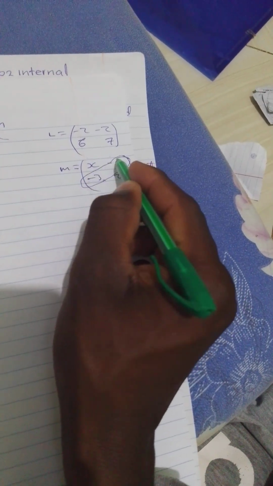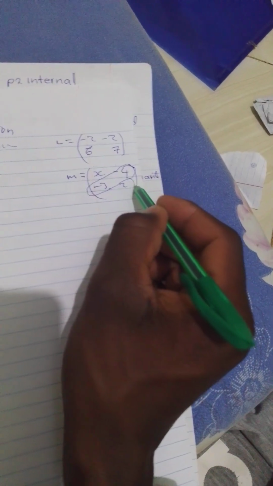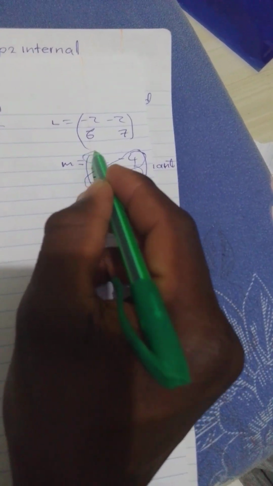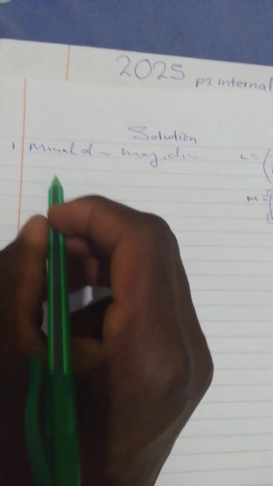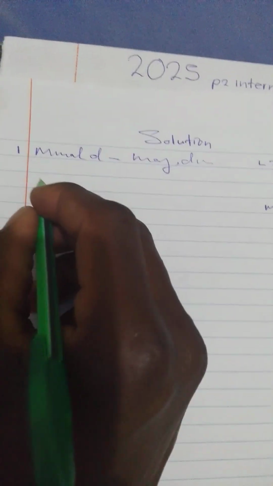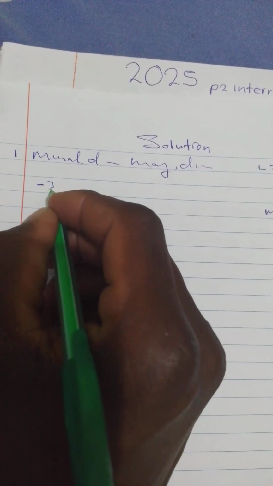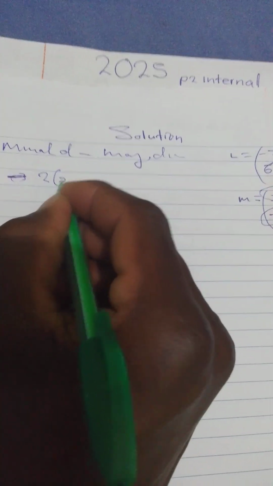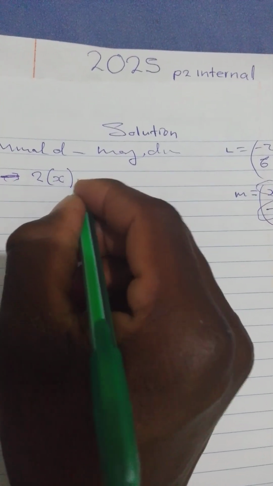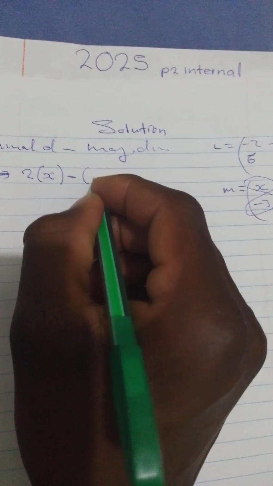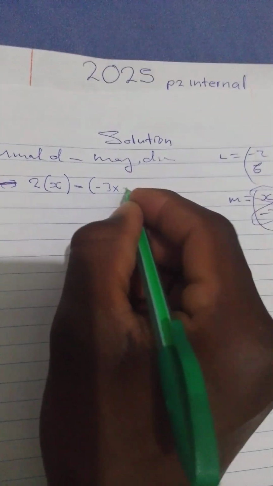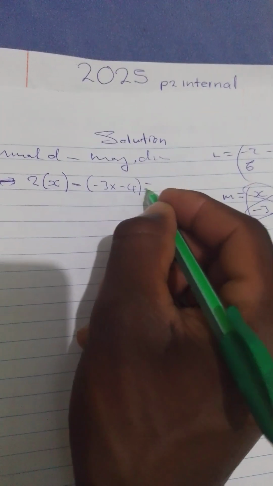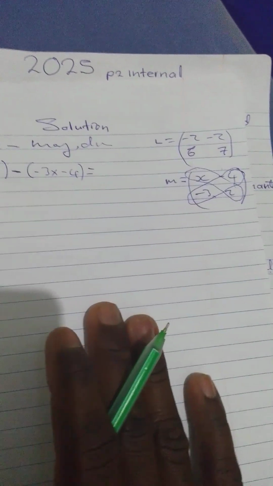These are the minor diagonal and these are the major diagonal. So let's say 2 multiplied by x, open and cross, minus -3 times -4 is equal to the determinant, and we don't have the determinant.